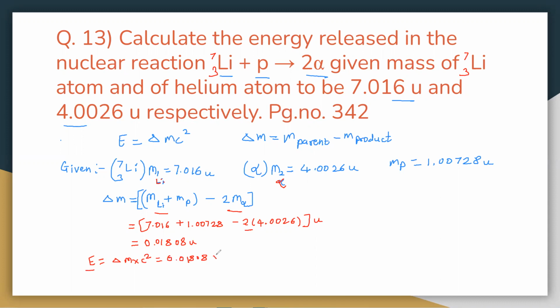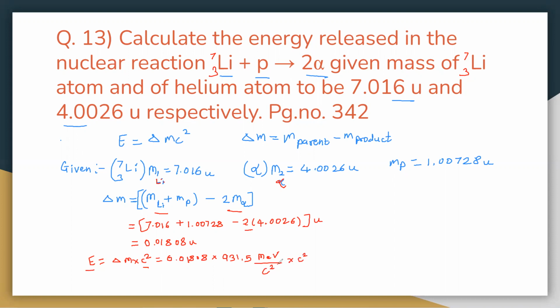into. Now, if you want to convert this energy from U to mega electron volt, then instead of U we'll multiply it with 931.5 mega electron volt per C square, and C square is also there.